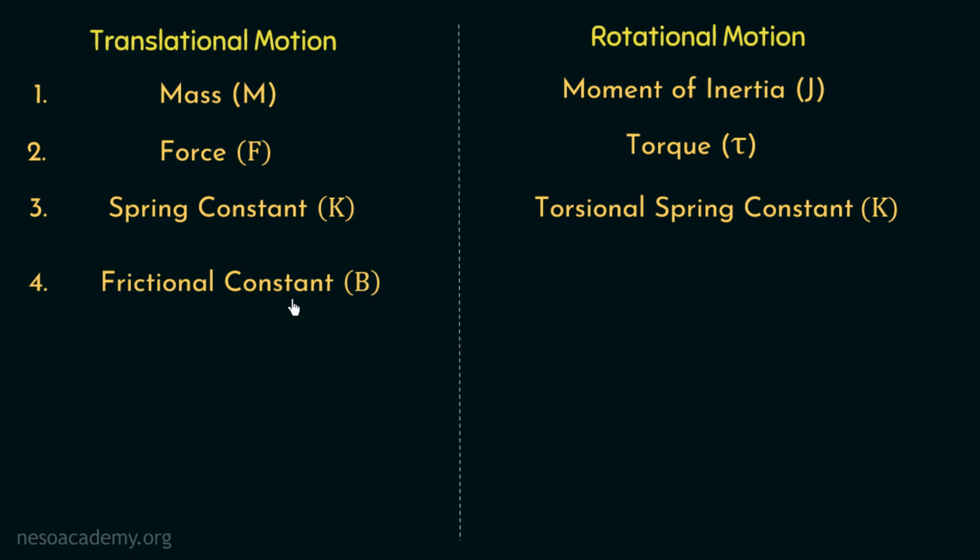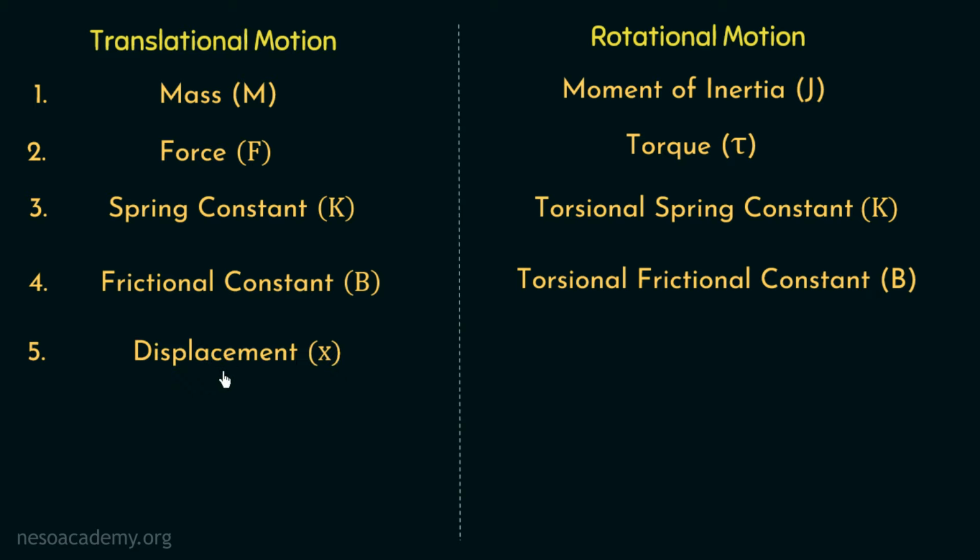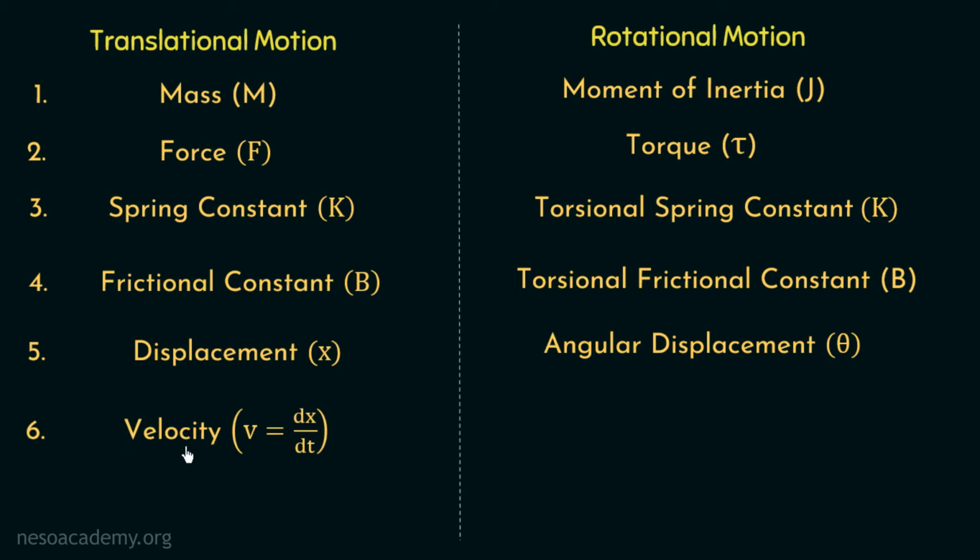Similarly, frictional constant in case of translational motion is the torsional frictional constant in case of rotational motion. The displacement in case of translational motion is the angular displacement in case of rotational motion. Similarly, the velocity in case of translational motion is the angular velocity in case of rotational motion. And in the same way, the acceleration in case of translational motion is the angular acceleration in case of rotational motion.